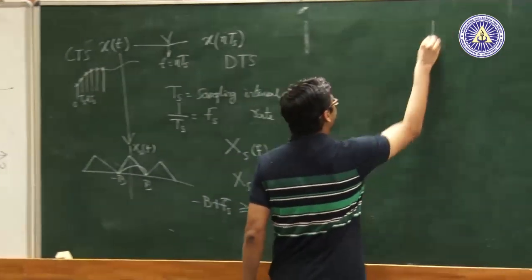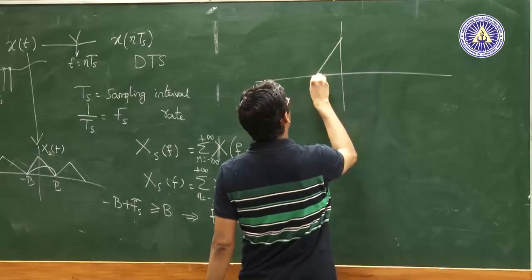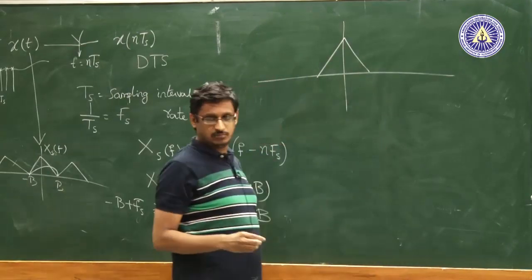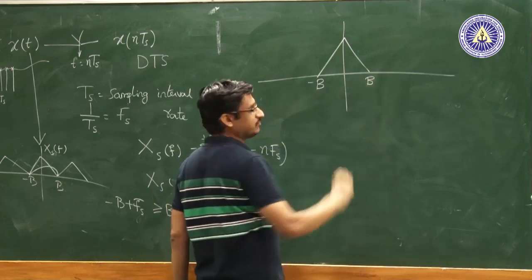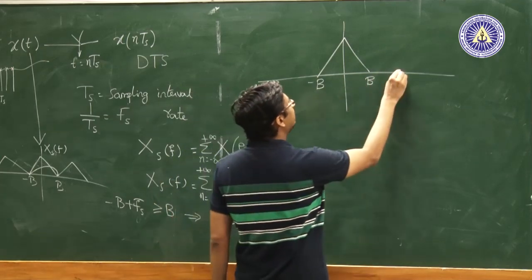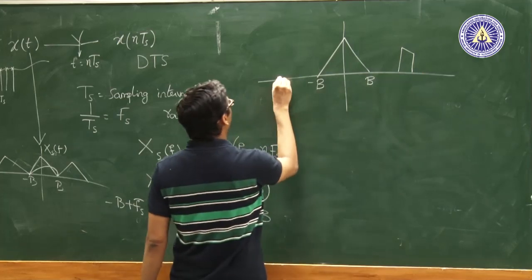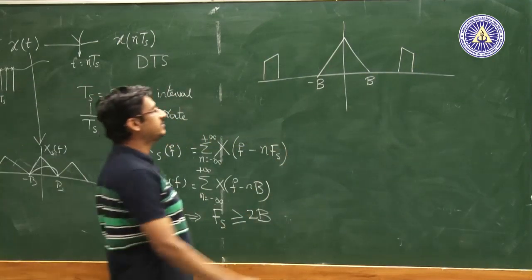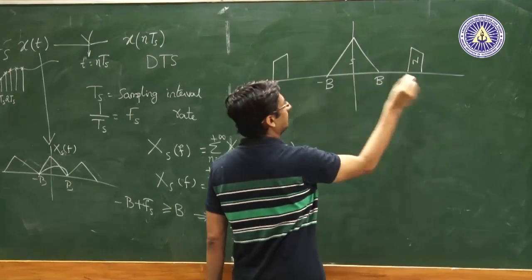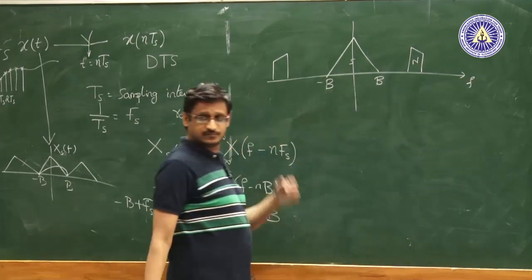The second point is that sometimes, and this is the reason why you need to use filters to band limit, suppose I have minus B to plus B, this is the signal spectrum. Let us also say that there is some noise spectrum here, which is away at that particular point. So, this is noise, this is your signal, this is the frequency f.